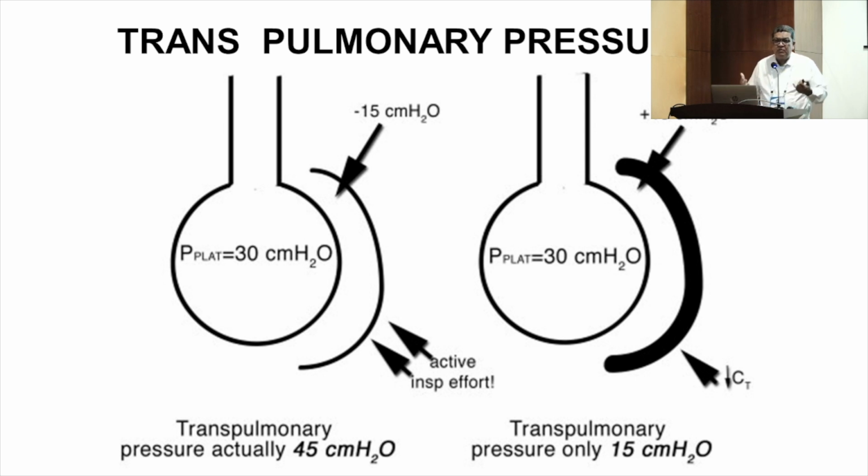Conversely, if somebody has obesity, a thick chest wall, or intra-abdominal hypertension, where the chest wall compliance is quite poor and the chest wall pressure is very high, the transpulmonary pressure actually is low, 30 minus 15, because chest wall pressure is high. So these people can afford to use a higher PEEP. Though routinely esophageal manometry may not be useful, if you have a patient where you think the chest wall compliance is likely to be poor, like patients with obesity, burns of the chest wall, or intra-abdominal hypertension, PEEP guided by esophageal manometry might be useful.